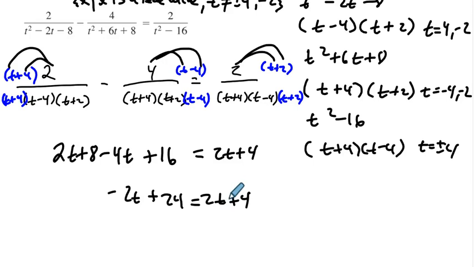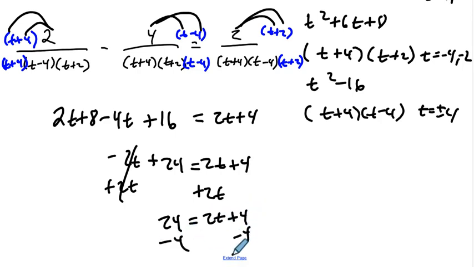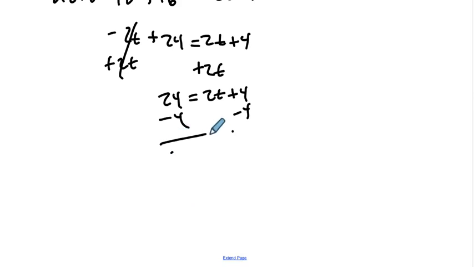Great, so let's combine more terms here, or solve now. I'm going to add 2t to both sides. So I have 24 equals 2t plus 4. Subtract 4 on both sides, and I have 20 equals 2t.